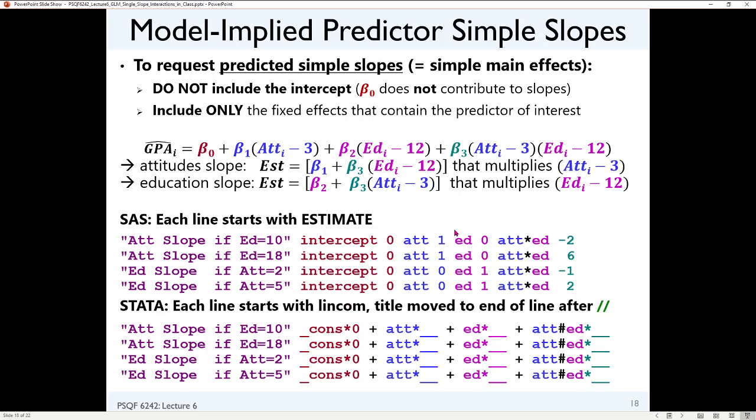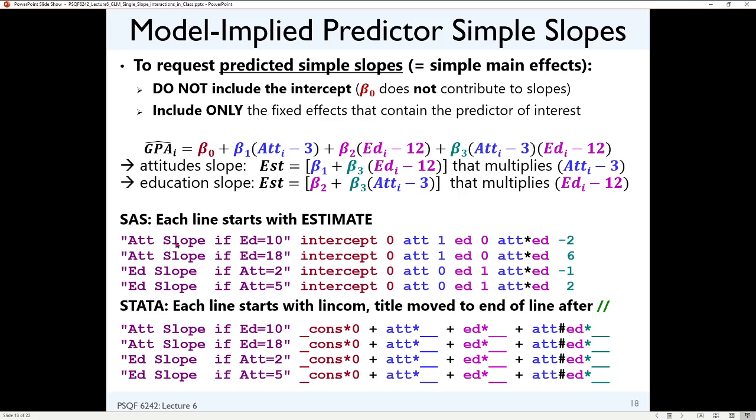So then we went through this process to try and request model predicted simple slopes for different kinds of people. Just to remind you, these are the ingredients that we just determined. This first equation tells us how we get the attitude slope, and the second equation tells us how we get the education slope.